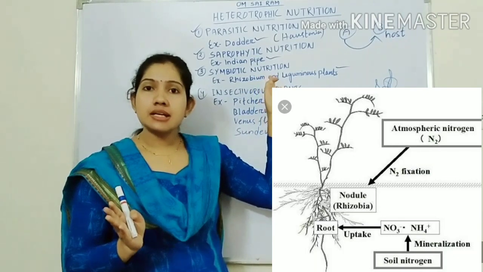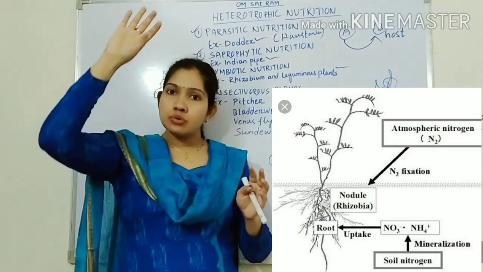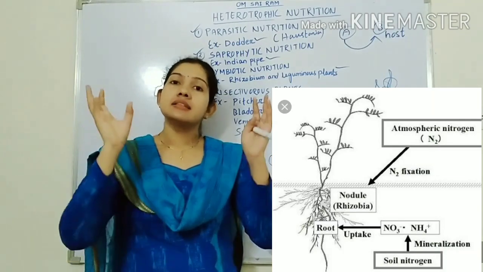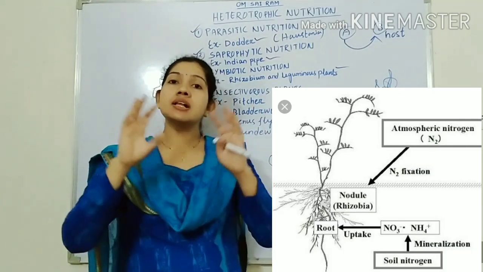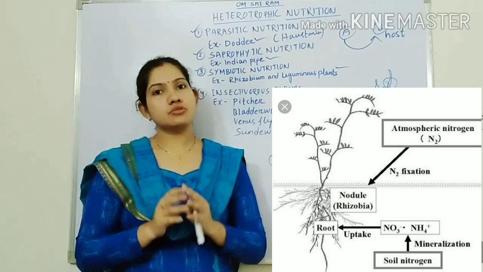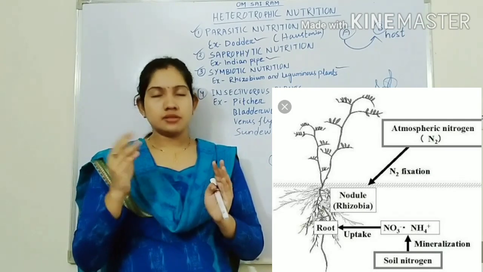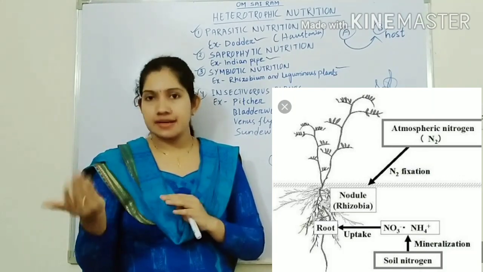nitrogen fixing bacteria are able to take the atmospheric nitrogen and fix, or convert, the atmospheric nitrogen into simple nitrogenous compounds, that is, nitrate and nitrite compounds.